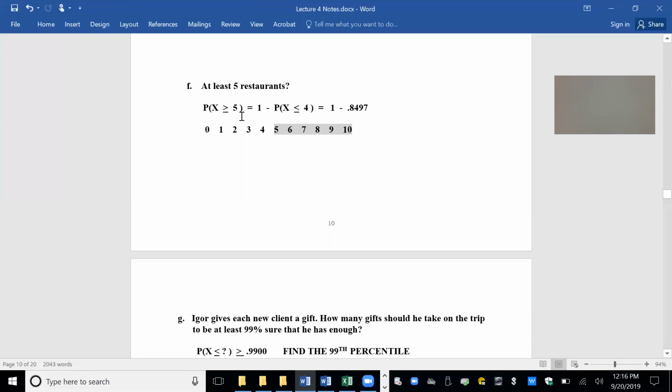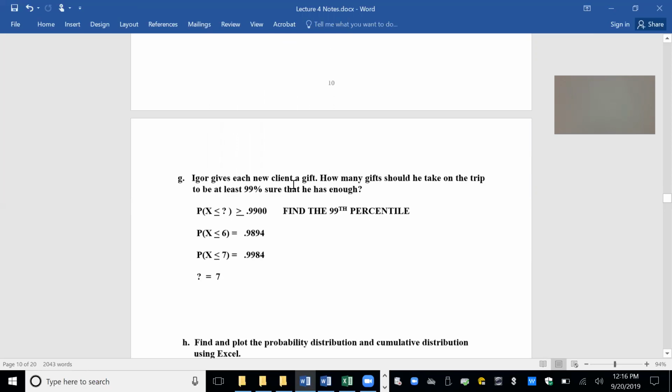But 1 always works. 1 puts all of them in a hat. I want 5 or more. I put all of them in a hat and remove 0, 1, 2, 3, and 4. What's left in the hat? 5, 6, 7, 8, 9, and 10 in this case. So that would be 1 minus what we got on the first example we did.